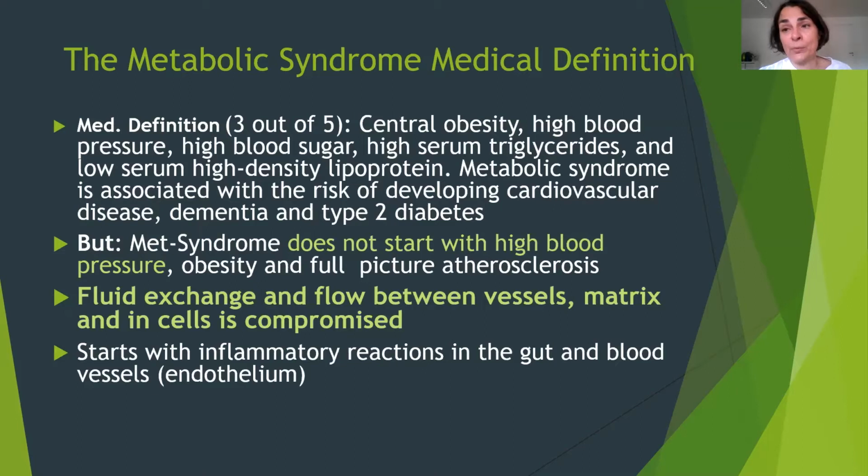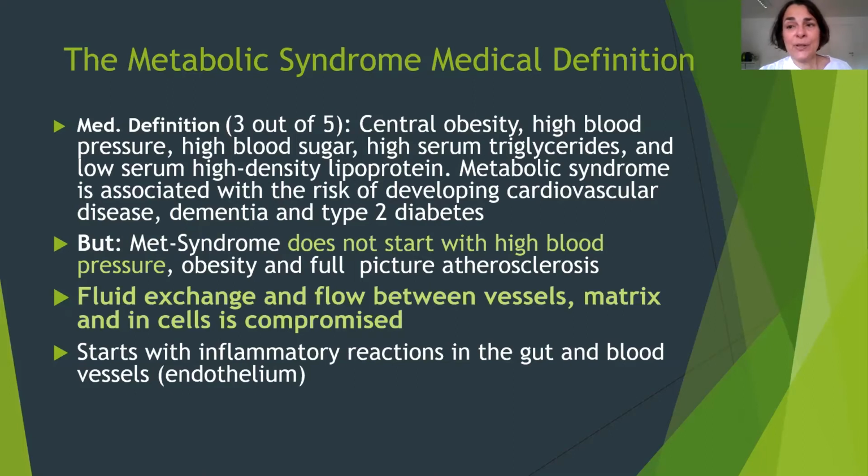But this is why I call this the early metabolic syndrome. The imbalanced condition doesn't start with plaques, it starts very early. It starts at the beginning of the stuck water. When the water flow, the supply of nutrients, and the waste disposal is compromised, then the early metabolic syndrome starts.